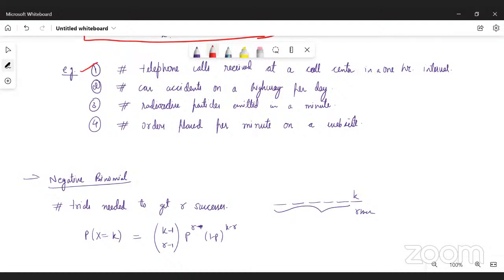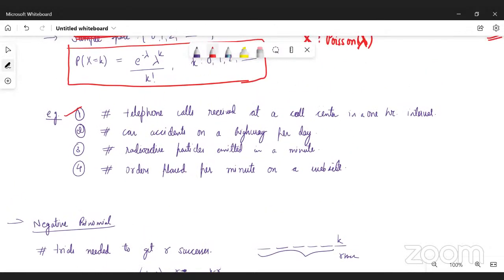Thank you, ma'am. Did sir explain 2.47 or something? Sorry? I mean, did sir explain 2.47? I just did a rough calculation.